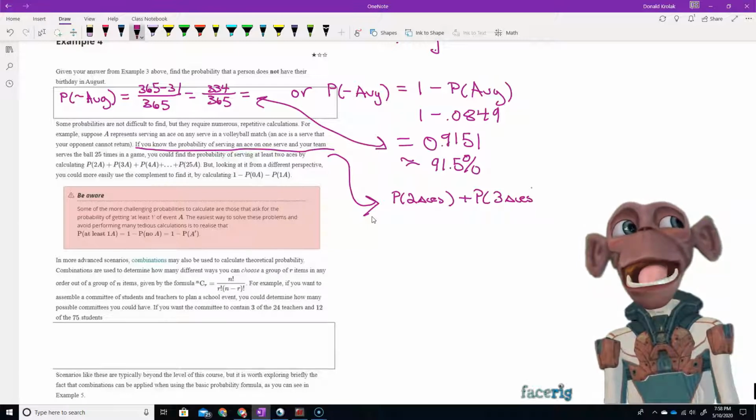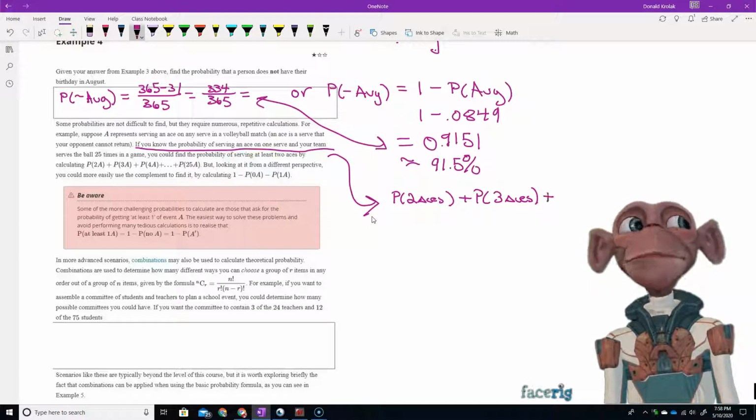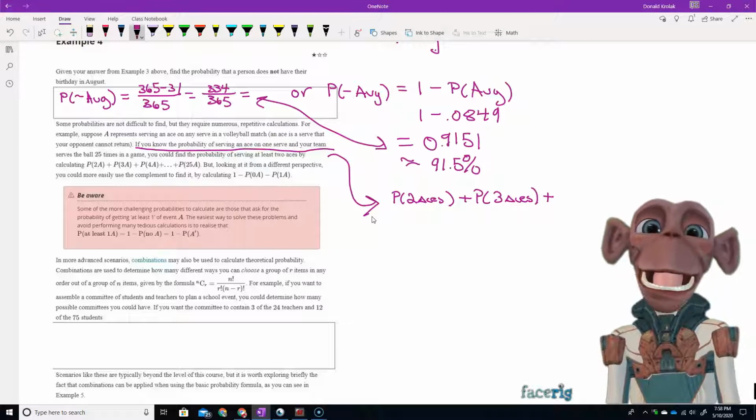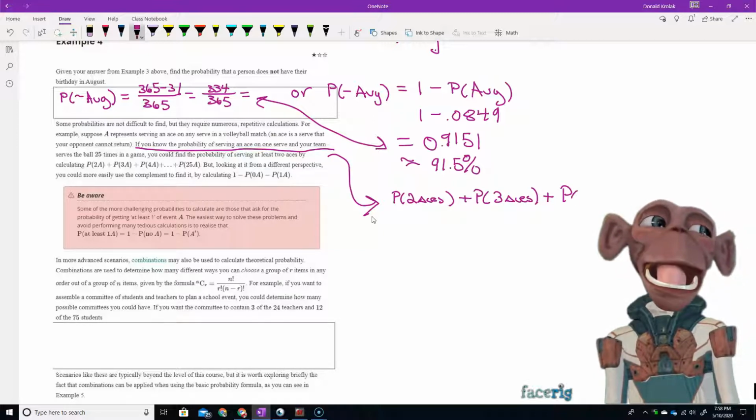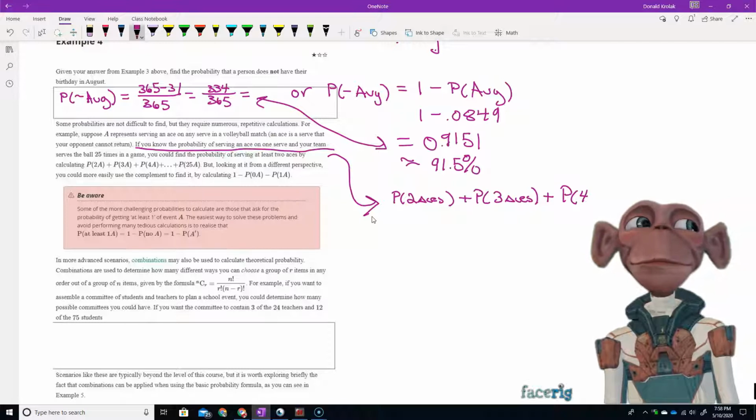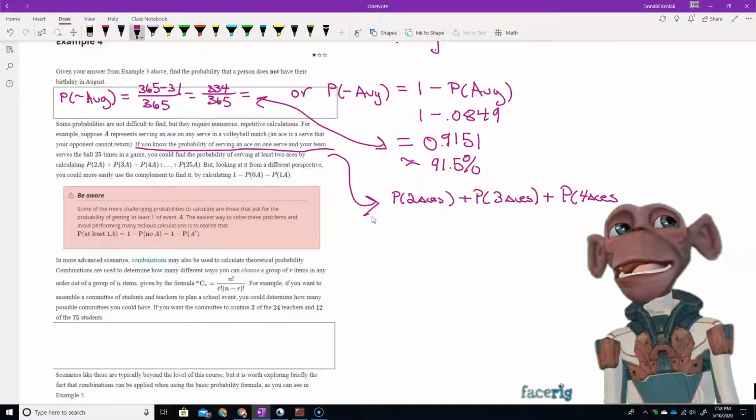An ace, if you don't know, is when you serve it and they can't return the serve and you get a point. So you'd have to do this all the way up, because each one of these is at least 2. That's 2 or more, so I'd have to keep going, going, and going.